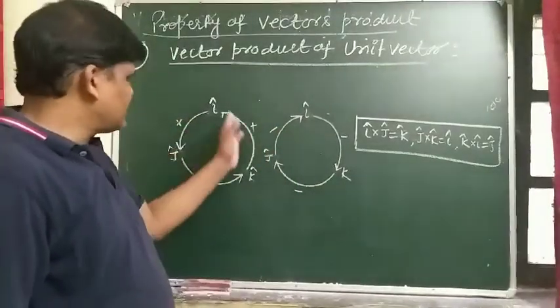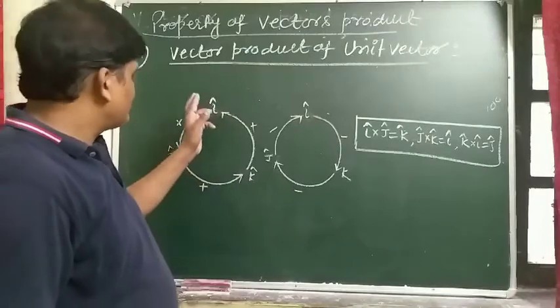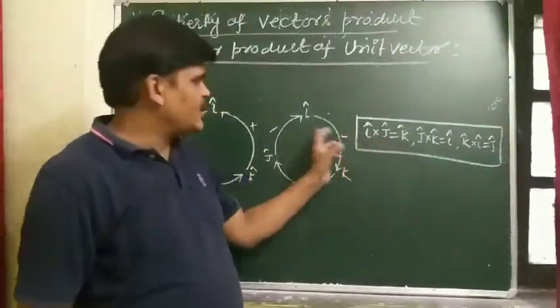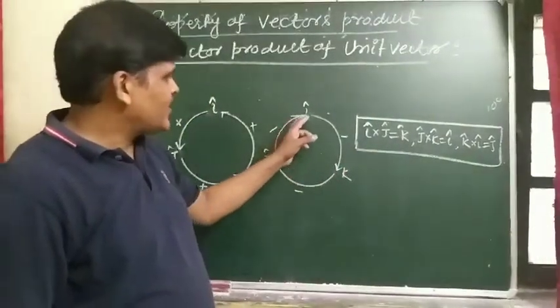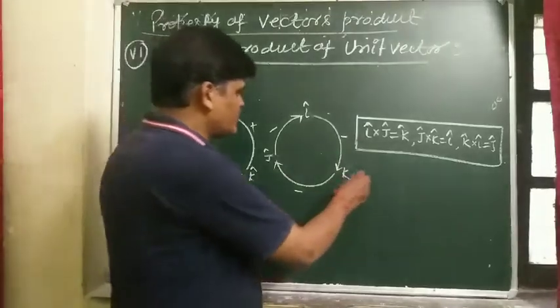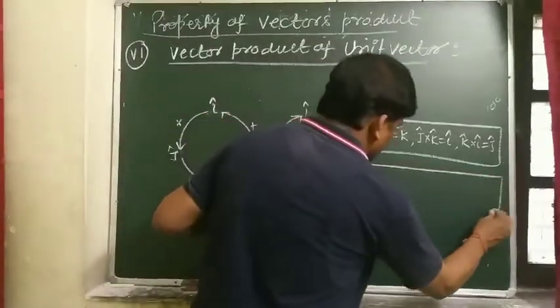So for the anti-clockwise direction, the vector product of unit vectors is taken positive, and for the clockwise direction, it is taken negative.